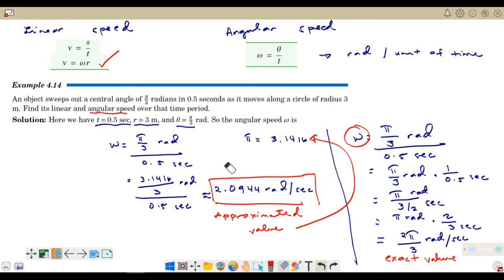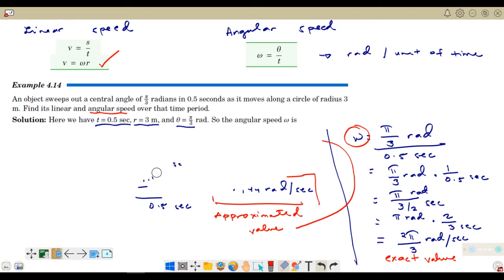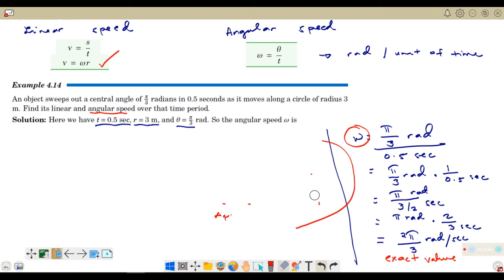Okay. And then, clear lang natin tong isang side. So, dalawa yung pwede natin gamitin, isang approximated value, isang exact value. But if you use the approximated value in solving for the linear speed, what will you expect about your linear speed?